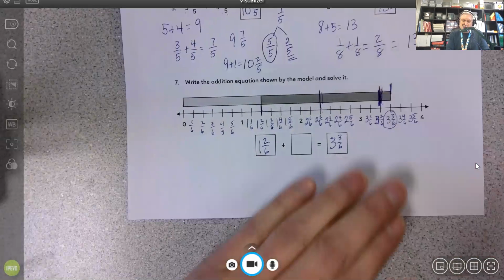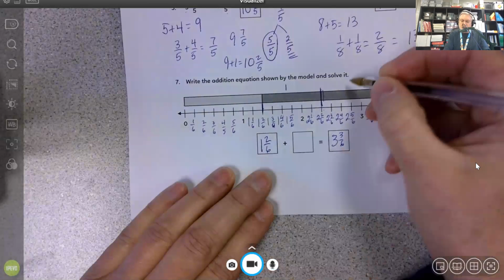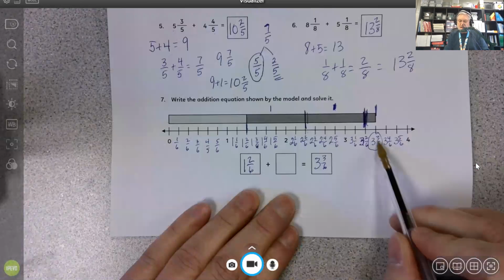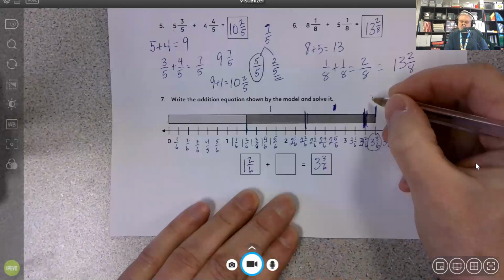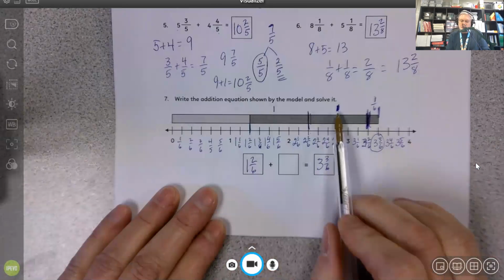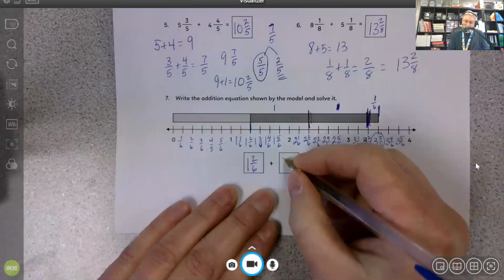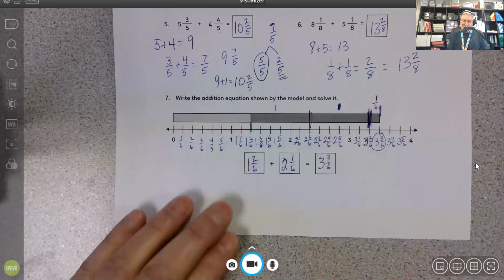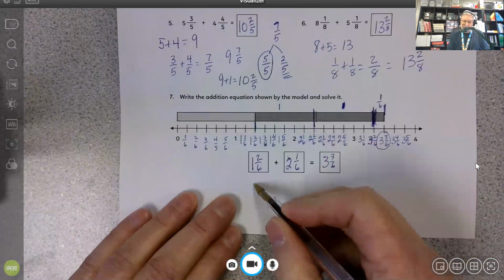That's another whole. So that's 1 and that's 1. And then my last one here is 1/6. So if I add them all together, 1 whole plus 1 whole is 2, plus 1/6 is then 2 1/6.